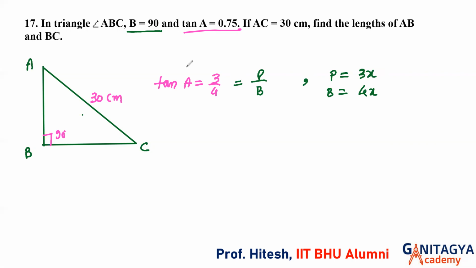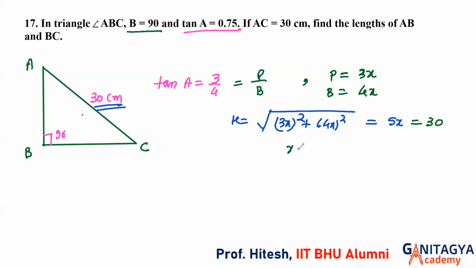Okay. So now hypotenuse will be under root 3x square plus 4x square, that is 5x, and it is given by 30 centimeter. Understood? It is given by 30 centimeter. From here, how much did x come? 30/5, how much? 6. So x is 6. So AB will be perpendicular, that is 3x.